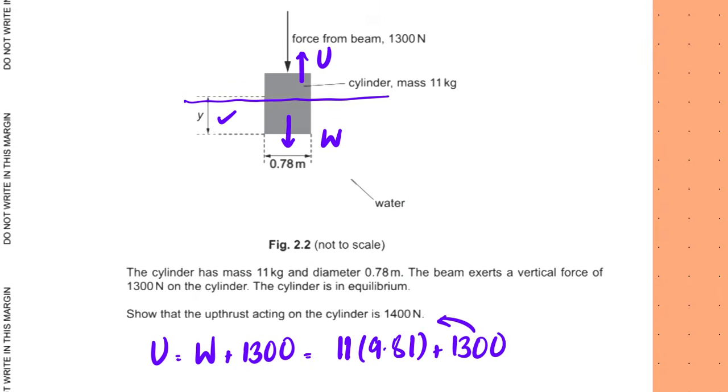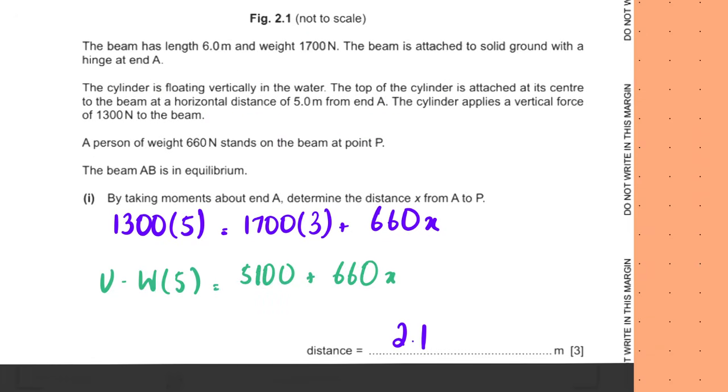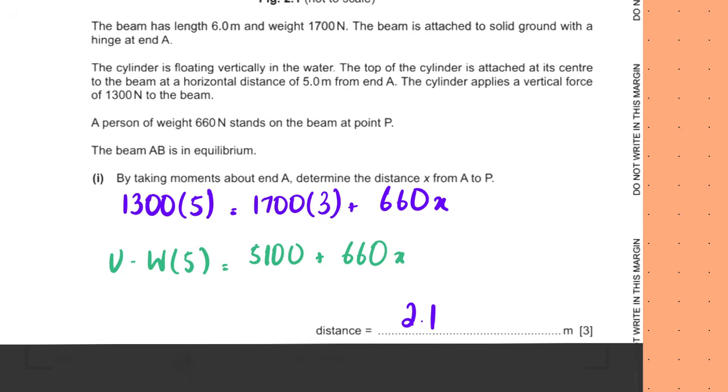So u minus w times 5, w was 11 times 9.81, times 5. This is being subtracted here, so on the other side it would go and add up with the 5100 plus this. So this is the equation that I get, so u equals 660x plus 5639.